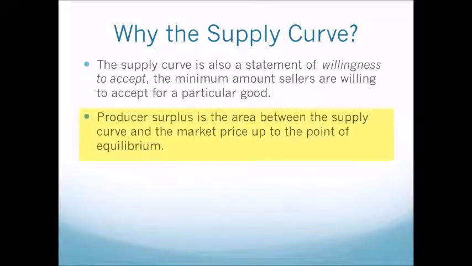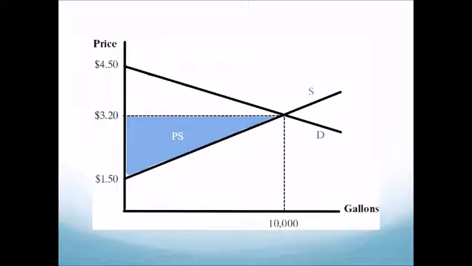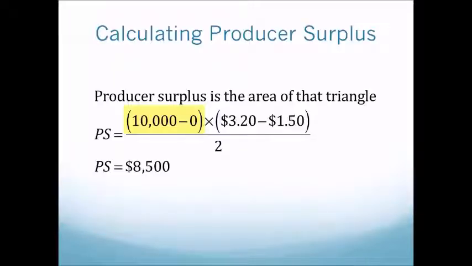Producer surplus is the area between the supply curve and the market price up to the point of equilibrium. Producer surplus is the area of the shaded triangle labeled PS. Like consumer surplus, it's important to remember how to calculate the area of a triangle: base times height divided by 2. The base is 10,000 minus 0.